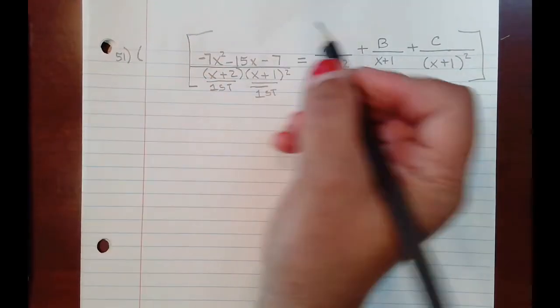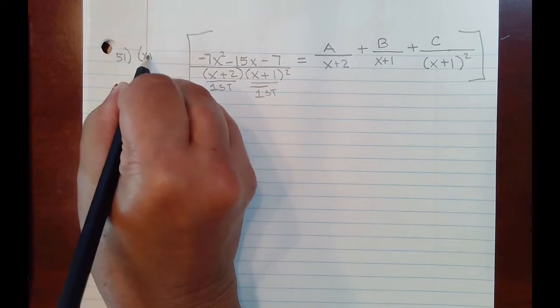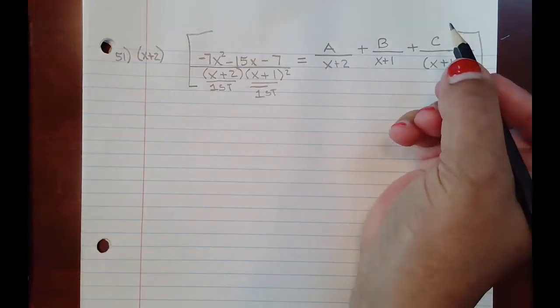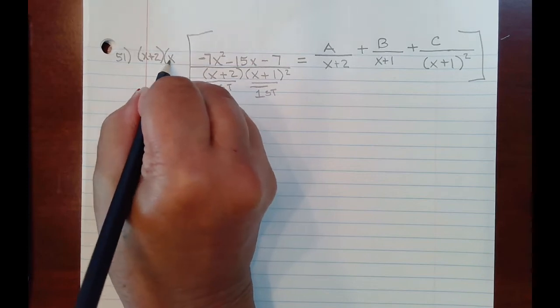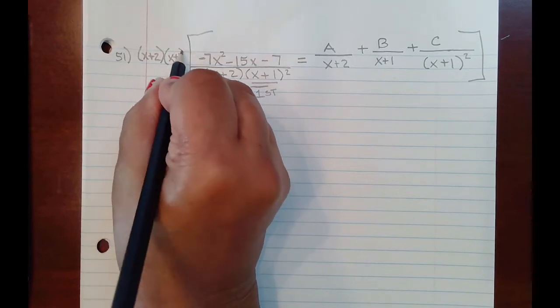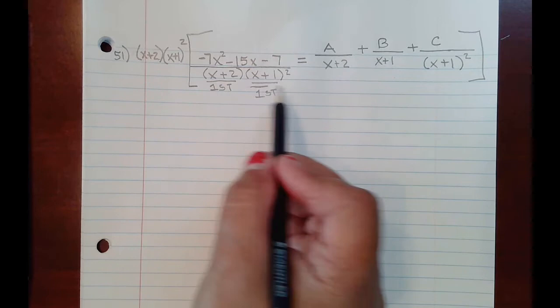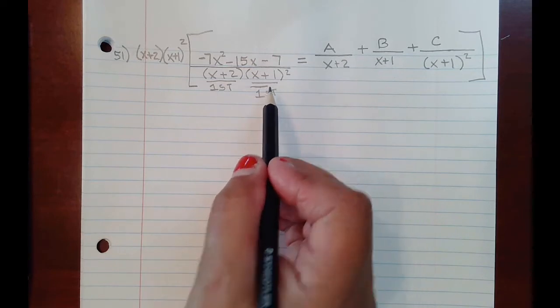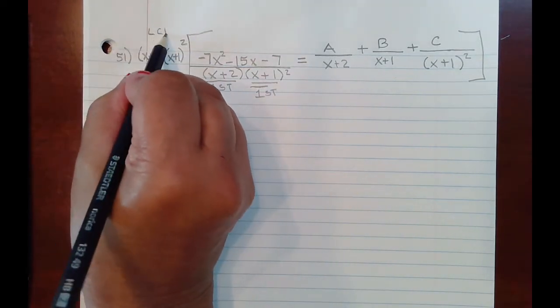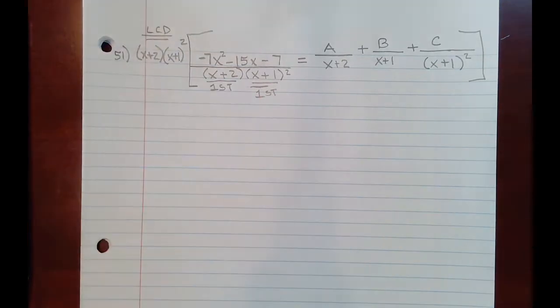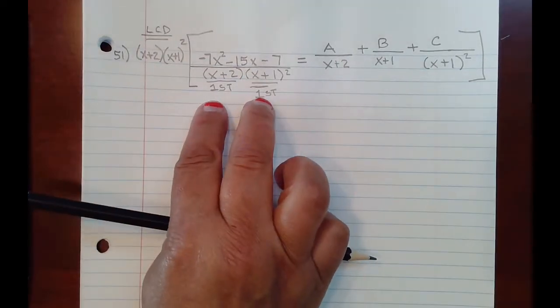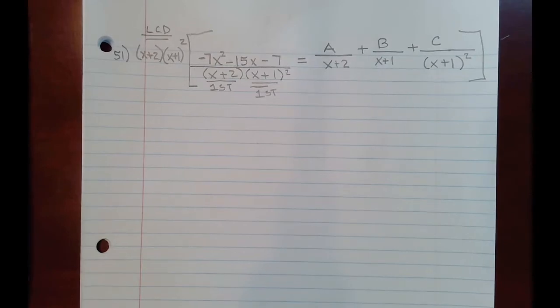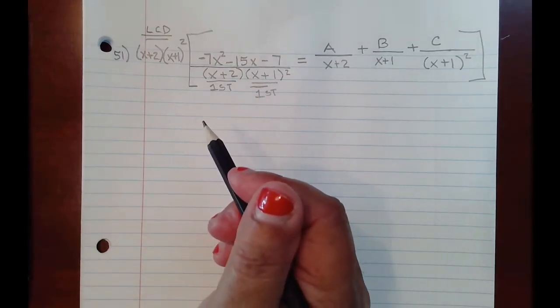So the LCD is x plus 2 as one of the factors, and then x plus 1 squared is the other part. Again, the denominator that's in your main fraction is always going to be your LCD, because that LCD has to be strong enough to kick out the denominator in the main fraction, and that's why it's always the LCD that you're going to use.